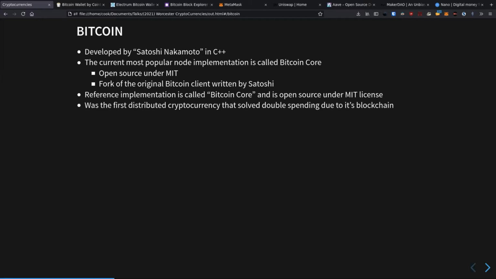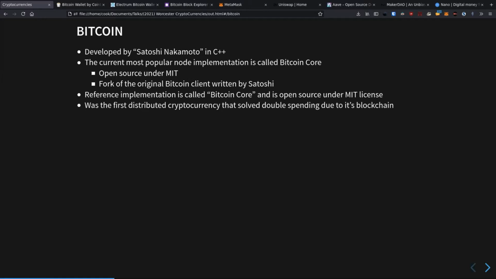And it's publicly available. The source is all publicly available, obviously, and anybody can submit contributions that may or may not be accepted. And Bitcoin is often thought of as the first cryptocurrency. It wasn't really.